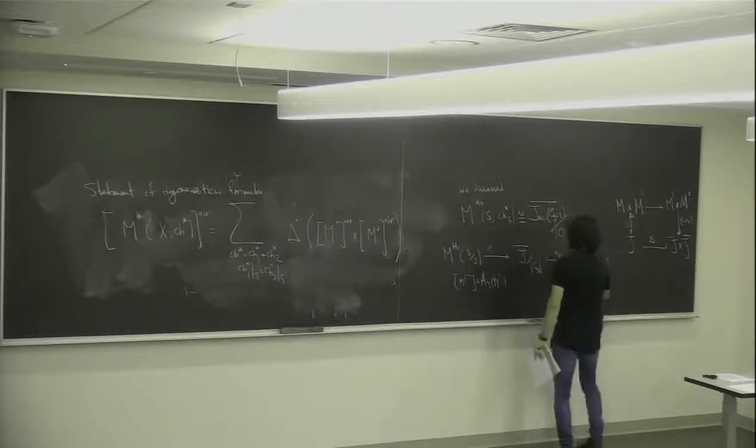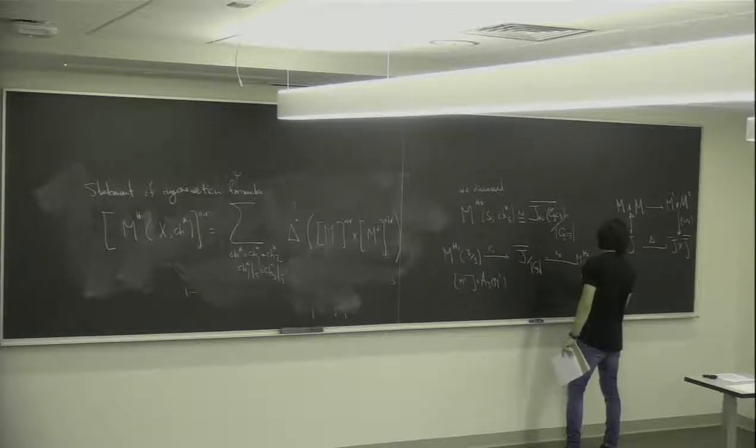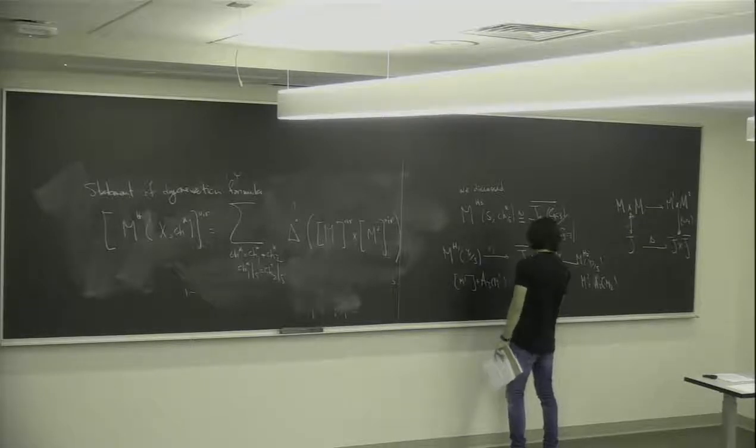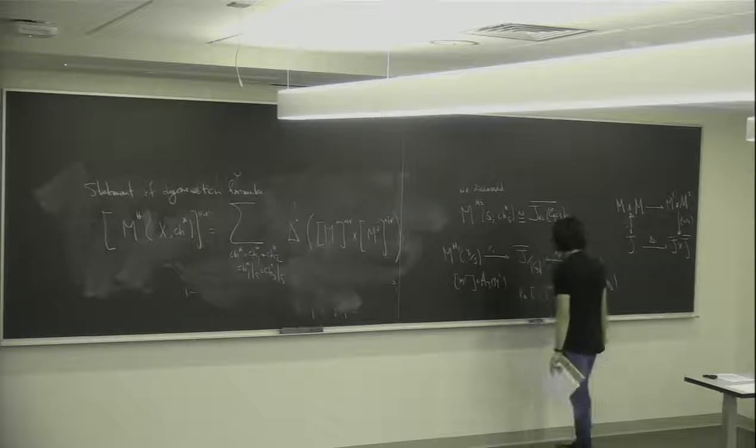The virtual cycle of M2 sits inside A3 of M2. And so what you can do is push them forward via these maps R1 and R2, and you're intersecting them with each other.